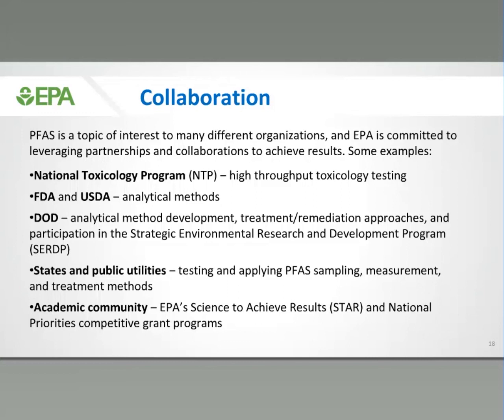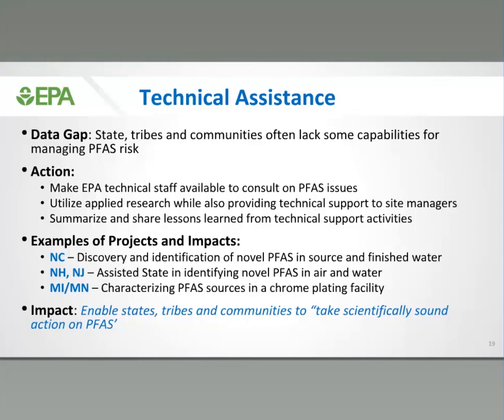A lot of work underway with Department of Defense, looking at analytical methods, treatment and remediation approaches. States and utilities have been very strong partners, testing and applying PFAS sampling and measurement and looking at some novel situations. We learn a lot from those collaborations, and I think they're beneficial to the states as well. And then the academic community through these extramural grant efforts, which I just mentioned.